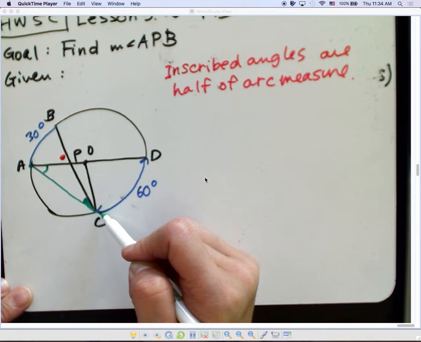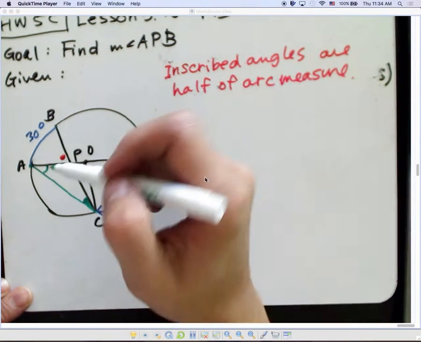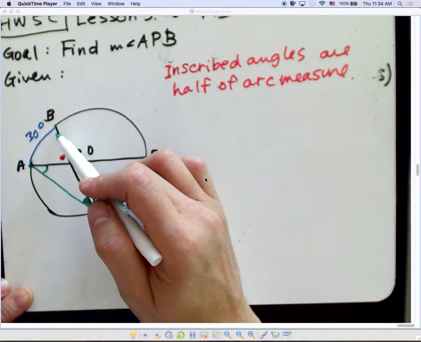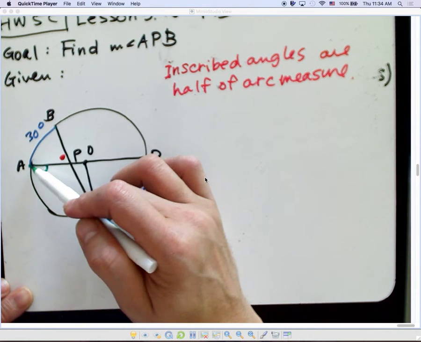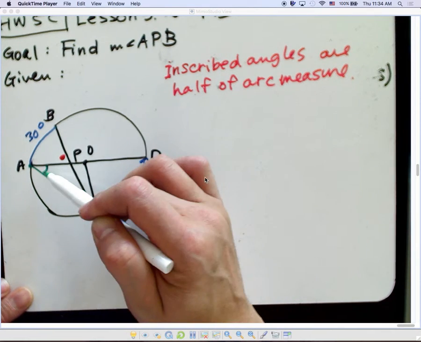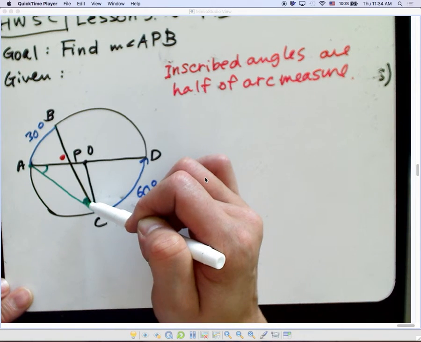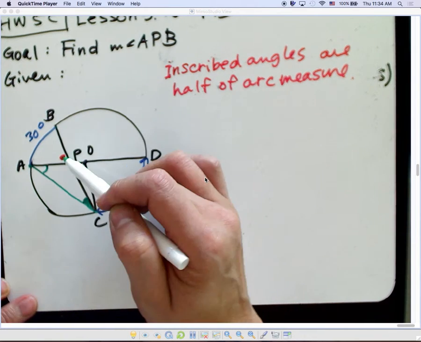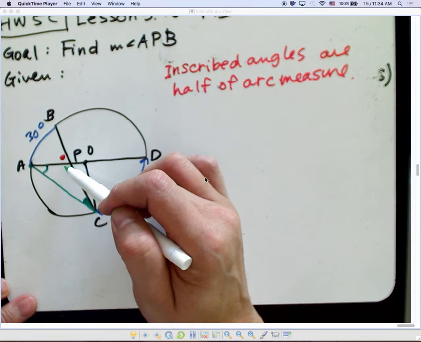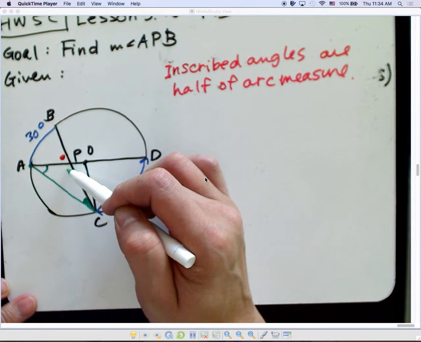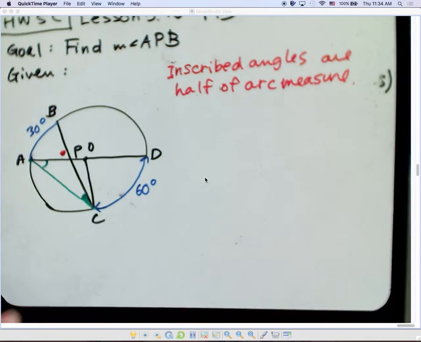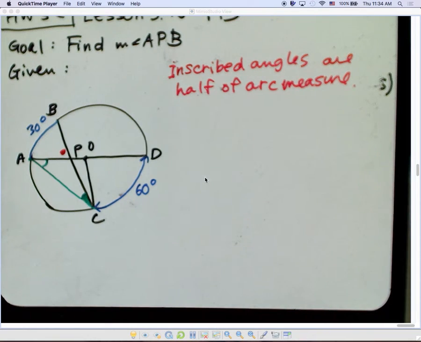Now, do you see triangle PAC? The three angles inside must add up to 180, and this triangle must add up to 180 as well. Those are the hints to find the answer for problem number 13 in lesson 5.10.